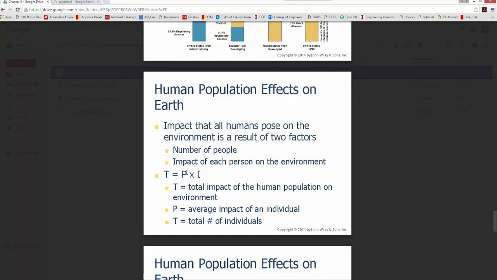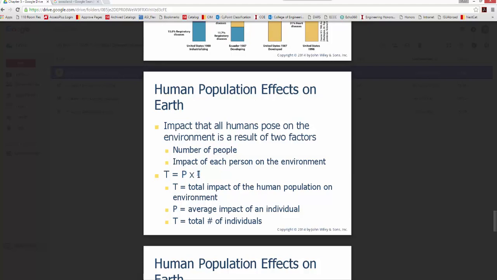It has a very large population, which is the total number of individuals here. But the average impact of an individual in Bangladesh on the environment is smaller compared to the U.S. Okay? If you look at the amount of fossil fuel burning cars in Bangladesh compared to the U.S., it would be less. So the footprint is less.